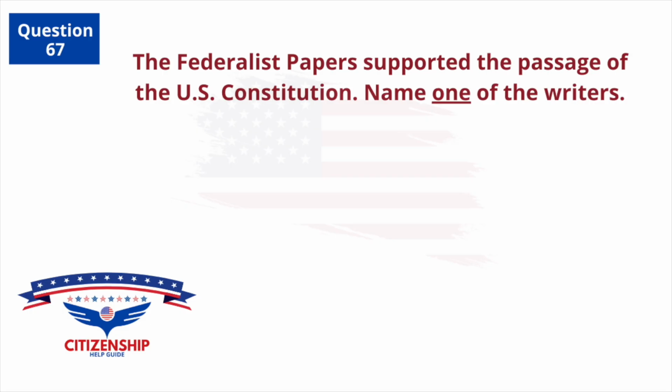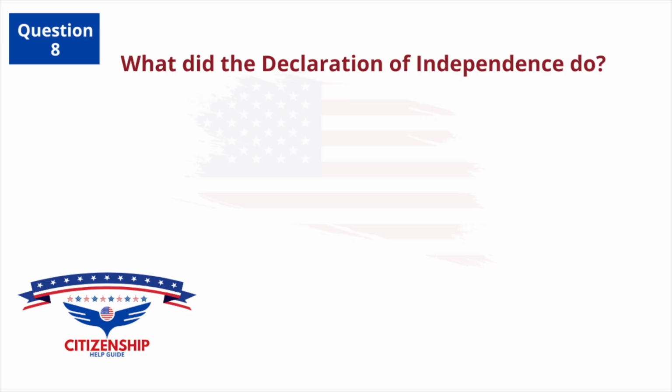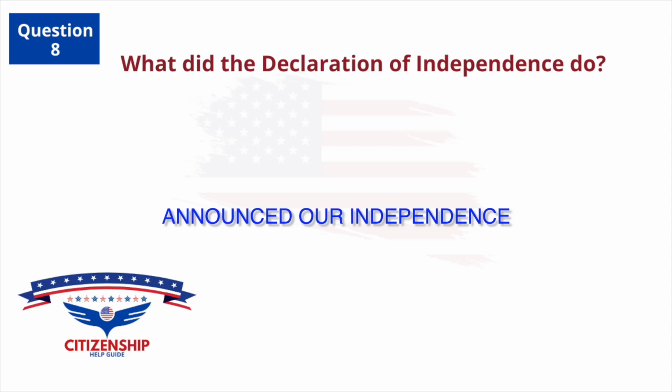Name one of the writers. James Madison. What did the Declaration of Independence do? Announced our independence from Great Britain.